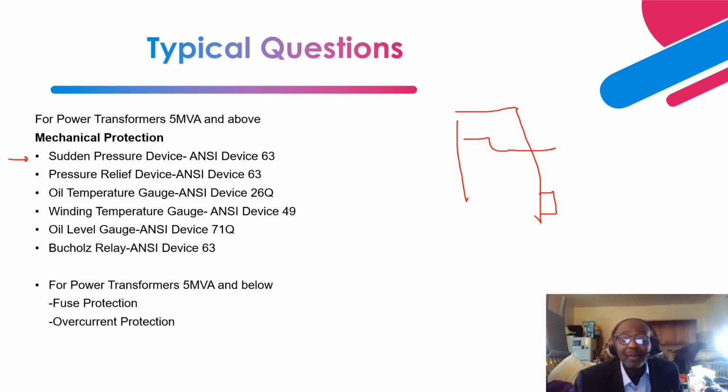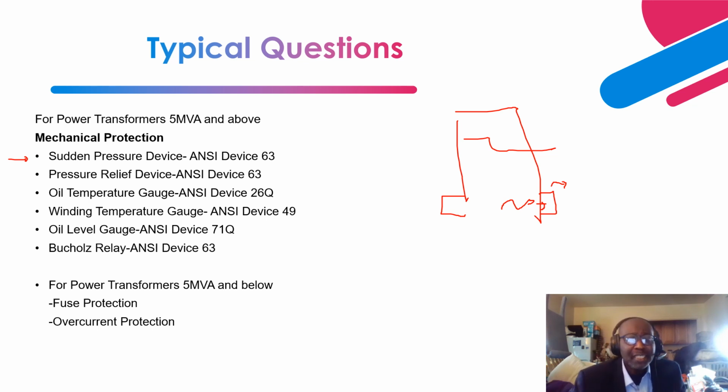where both sudden pressure relays have to experience the pressure wave from the oil before they identify that, indeed, we have a fault condition, and provide an output to trip the breaker.